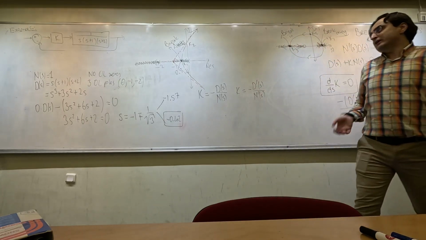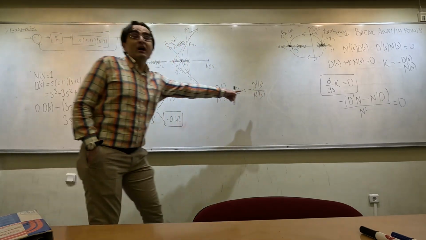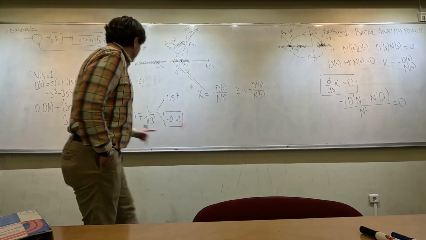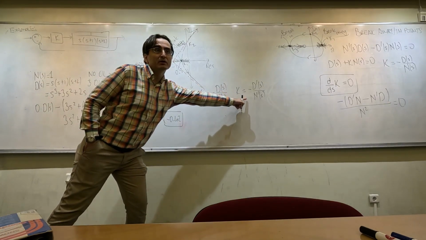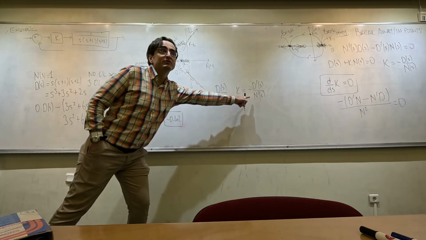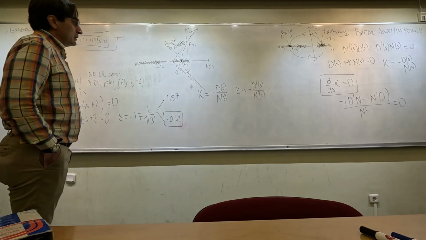Okay? So here, in this case, n prime of s is equal to 0. So the second formula is not really applicable in that case, because n prime is equal to 0. That actually means that I need to use this formula instead.